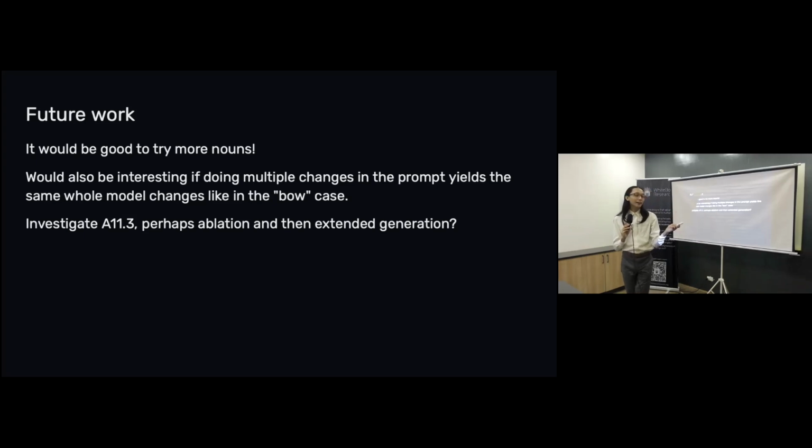Because I do know that, for example, you have stuff like IOI, where multiple different token positions have to be considered. And also, attention head layer 11, head 3, very interesting. I want to try ablating it and then asking the model to continuously generate and see what comes out. That seems like it will be an interesting thing to try.